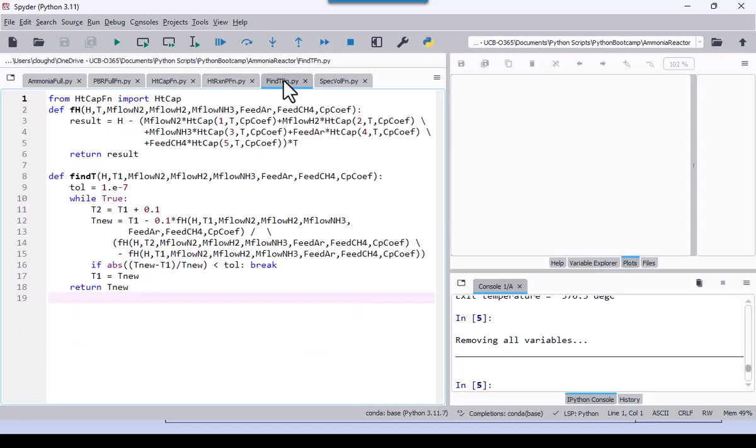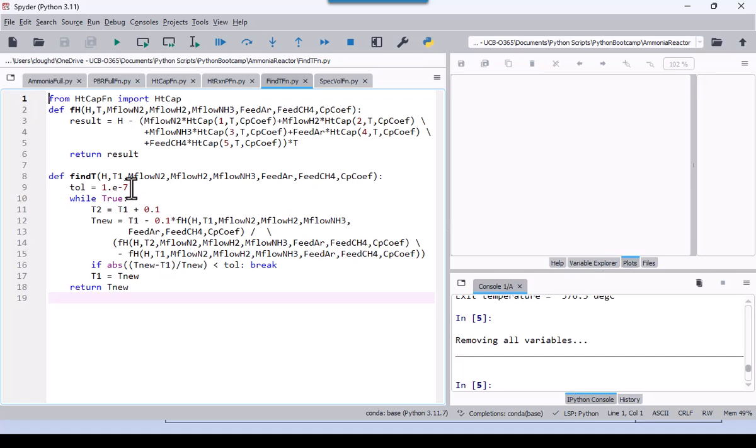One is how we go about finding the temperature. And we find the temperature here with this findT function. The findT function takes advantage of something called the FH function, which is the one that calculates the enthalpy balance and provides an error if it's not satisfied.